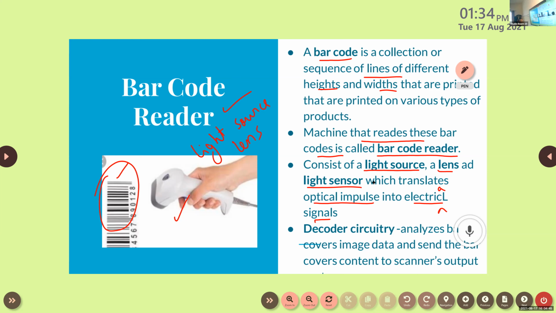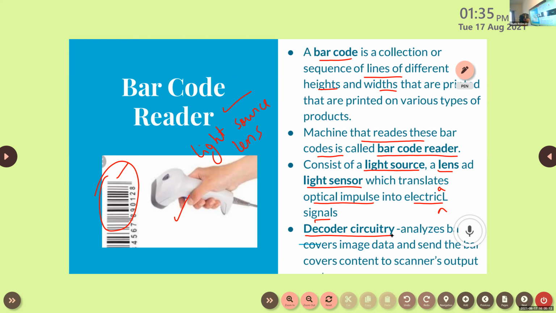It also contains decoder circuitry, which means that it analyzes what? It analyzes the barcode's image data and sends the barcode's content to the scanner output port.